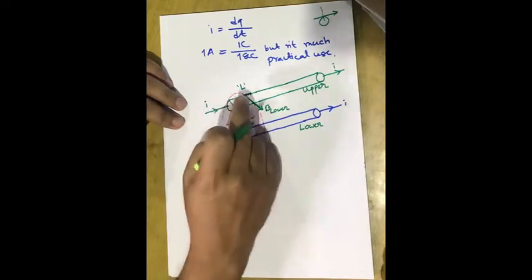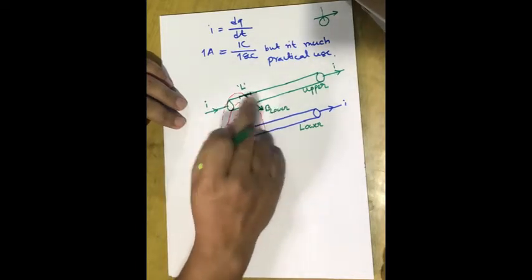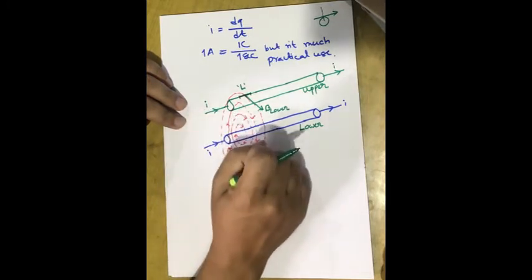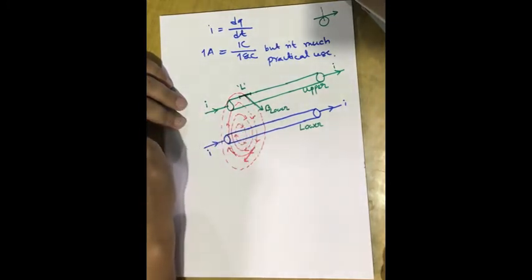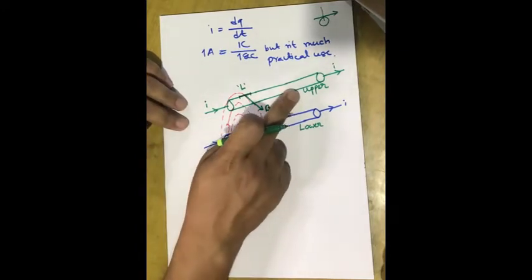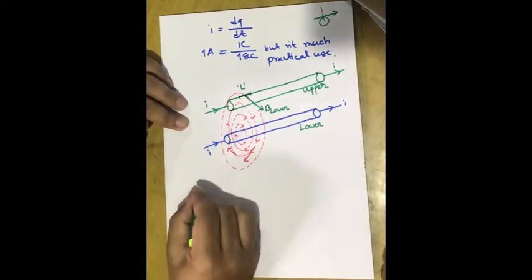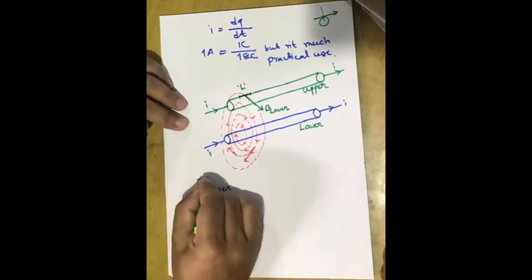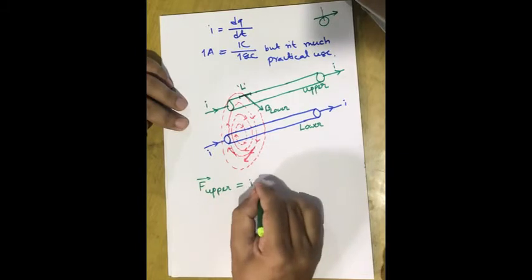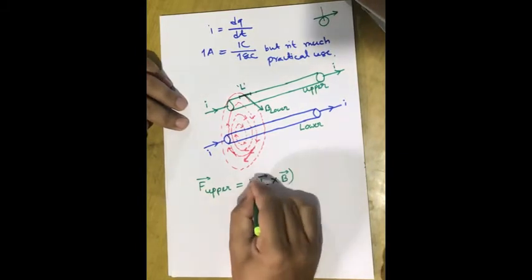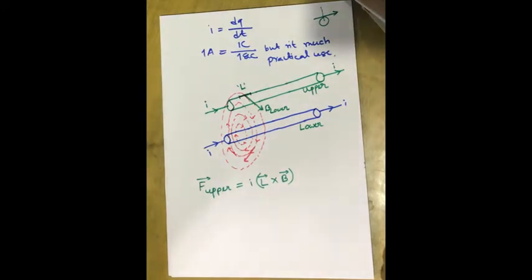The length vector of the upper conducting wire is perpendicular to the magnetic field created by the lower conducting wire. So if we consider the force on the upper current carrying conductor, that value will be F upper equals I into L cross B vector, which I have already discussed many times.